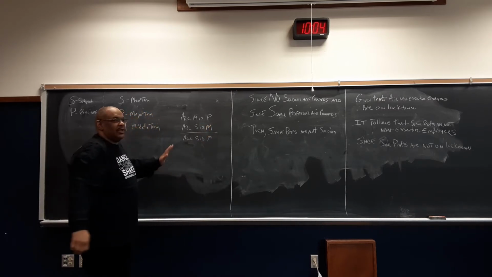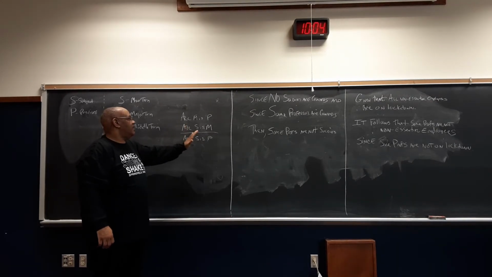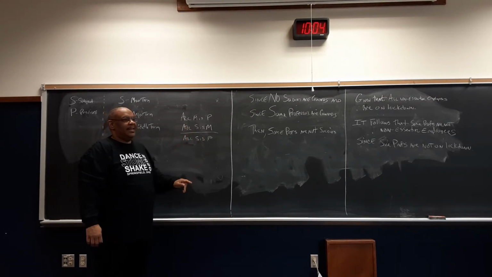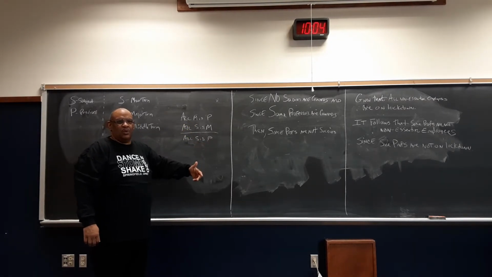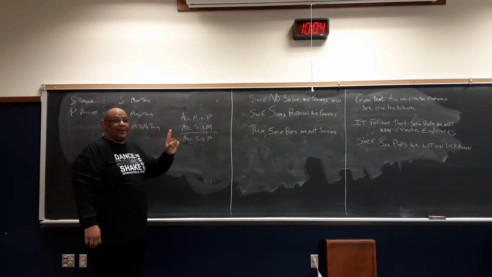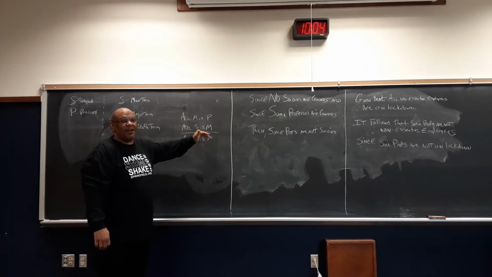Now, see what I just did? I had all S is P, all S is M, all S is P. Now I just threw in some M's. You're thinking, what did Bailey just do? Remember, this is just symbolism of the argument.